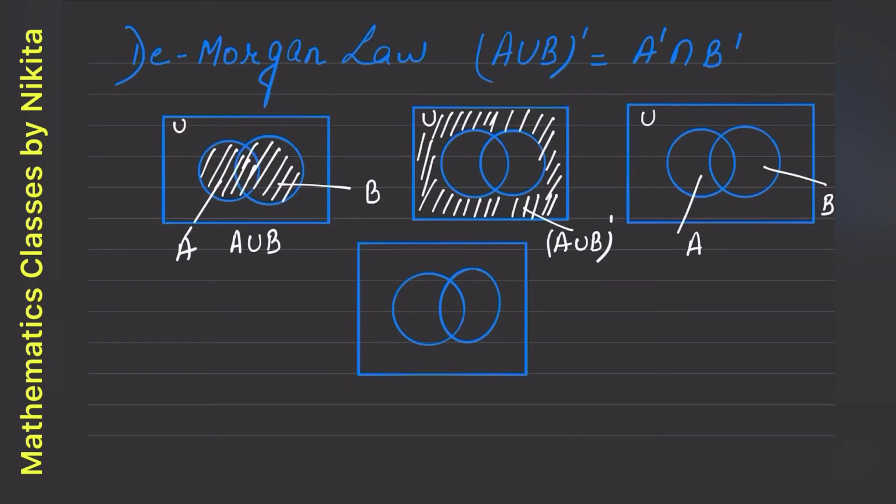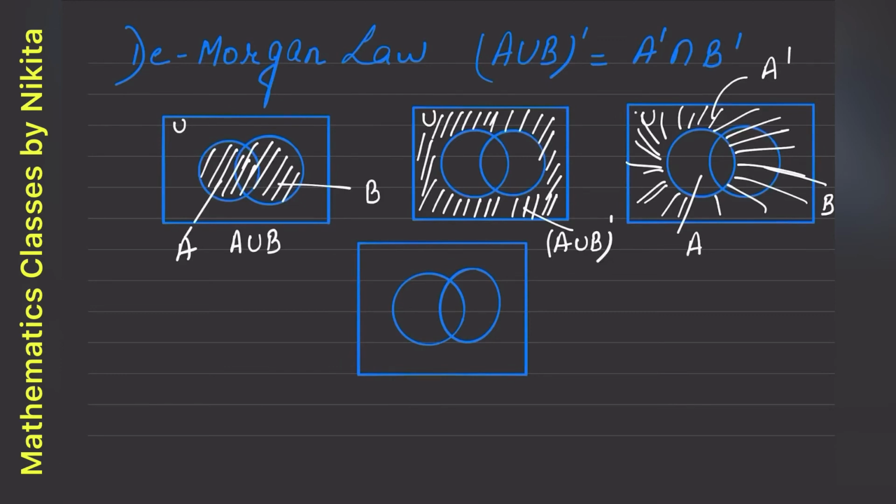Now next I will calculate A complement. A complement is all the elements of U which are not there in A. So this shaded region is your A complement. So this in white is A complement. Okay, the circles are A and B, and this shaded region which I have shaded in white, so don't confuse yourself.